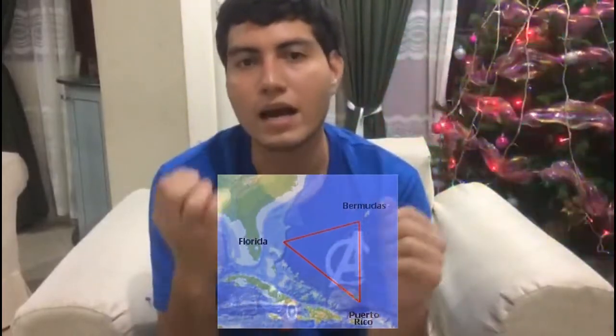Also, the Bermuda Triangle. Yes, there are planes that disappear, but we don't really know why. There are some hypotheses of why that happened, but it's never been proved.